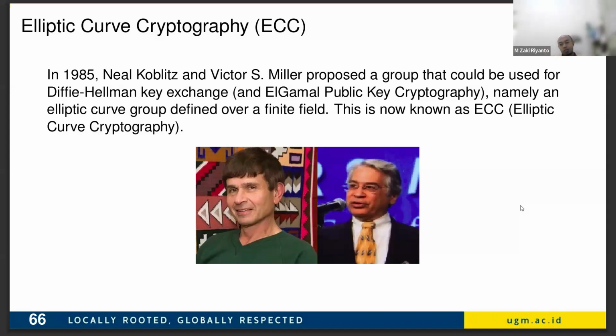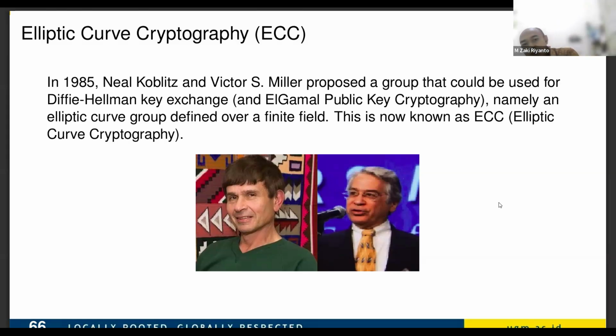So the elliptic curve is a very famous topic in number theory, but in 1985, two people, Neal Koblitz and Victor Miller, proposed a new kind of group that can be used for Diffie-Hellman key exchange and also for the ElGamal public key cryptosystem.